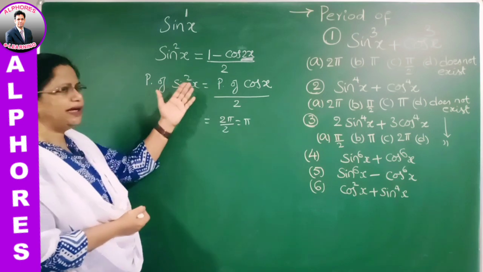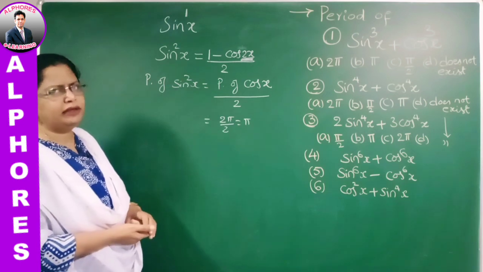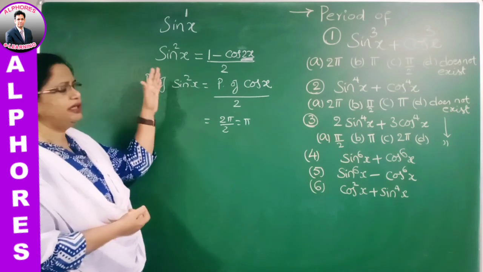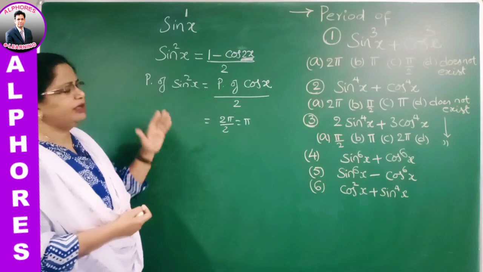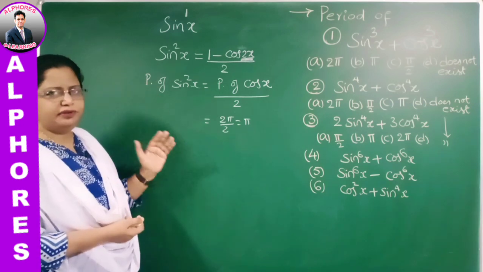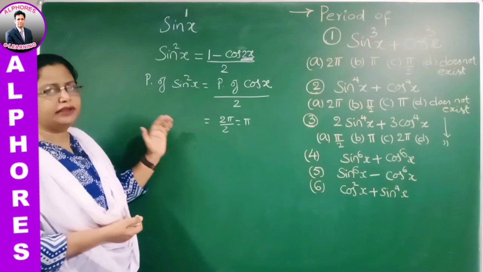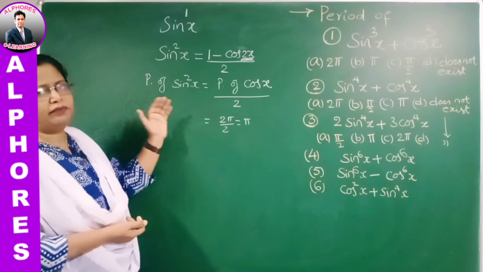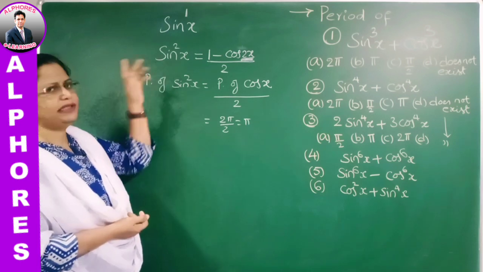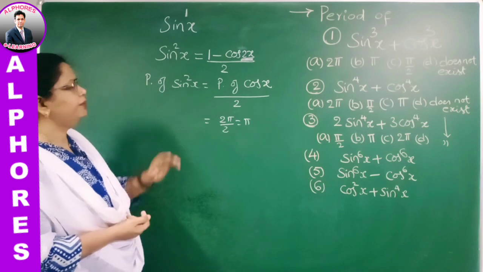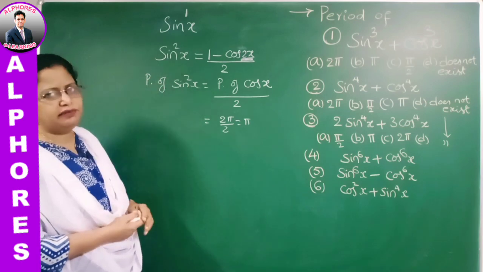But every time you need not use the formula, just by observation also you can say. First observation is 2 pi, of course, because it is already a known value, and we still have to search for a lesser possible value because our concentration is always on the fundamental period. Here sin square x is there, and it is obvious 2 pi is true, whereas we also want to check pi.